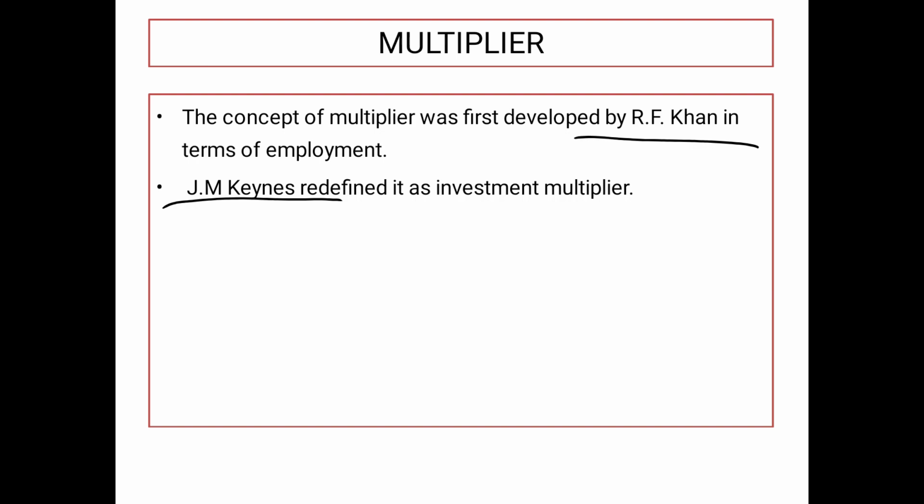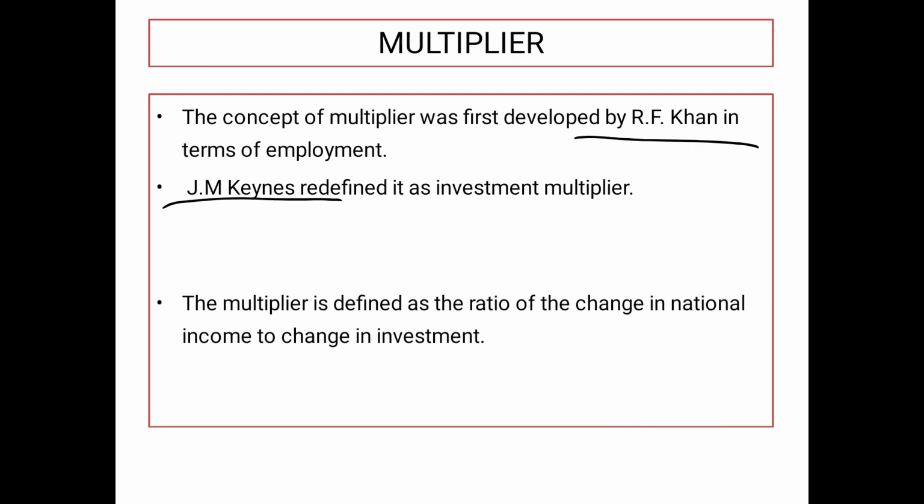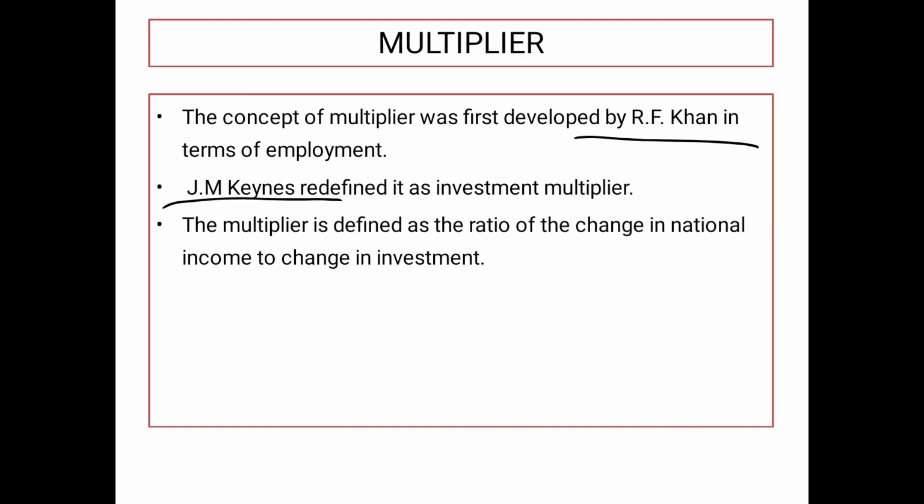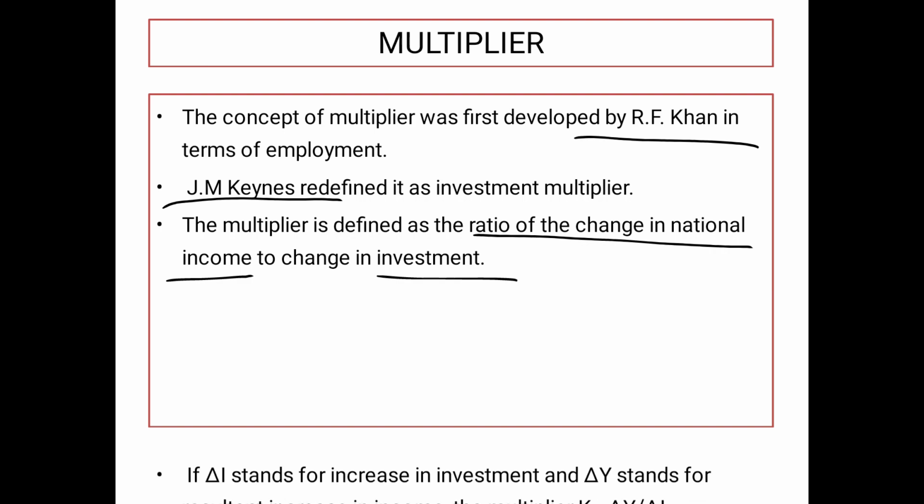So what does he say? What is multiplier? It is the ratio of change in national income to investment. As investment keeps increasing, your national income keeps increasing to that level.